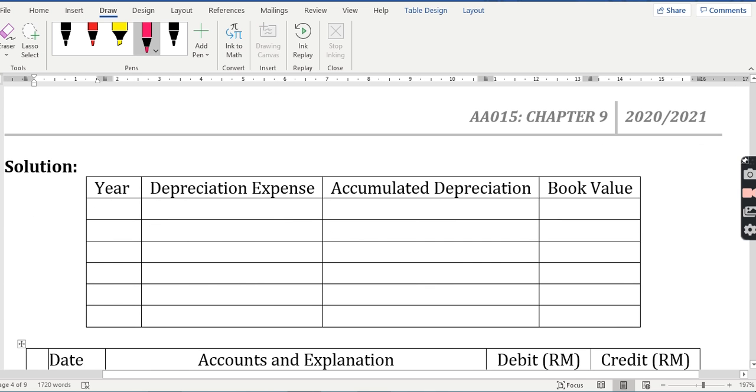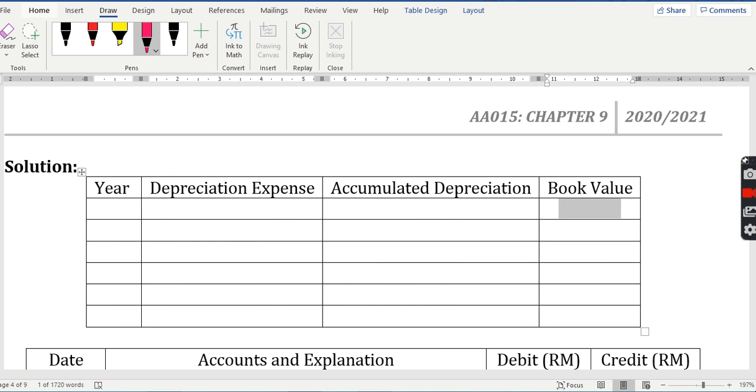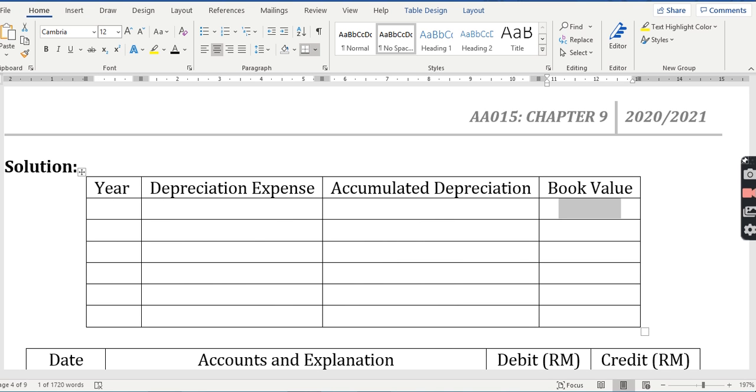We do the solutions in a table so that you can see how the depreciation expense actually affects the book value of the asset. Here we bought our asset in 2011, and the amount of the asset is 130,000.